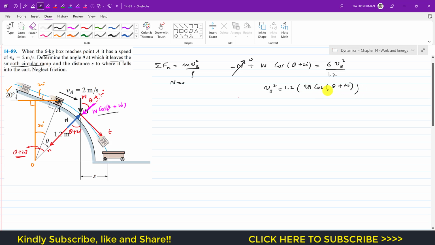So this is Vb square, and let's say this is our equation 1. Now if we apply the law of conservation of energy, the kinetic energy at point A plus the potential energy at point A will be equal to the kinetic energy at point B plus the potential energy at point B.